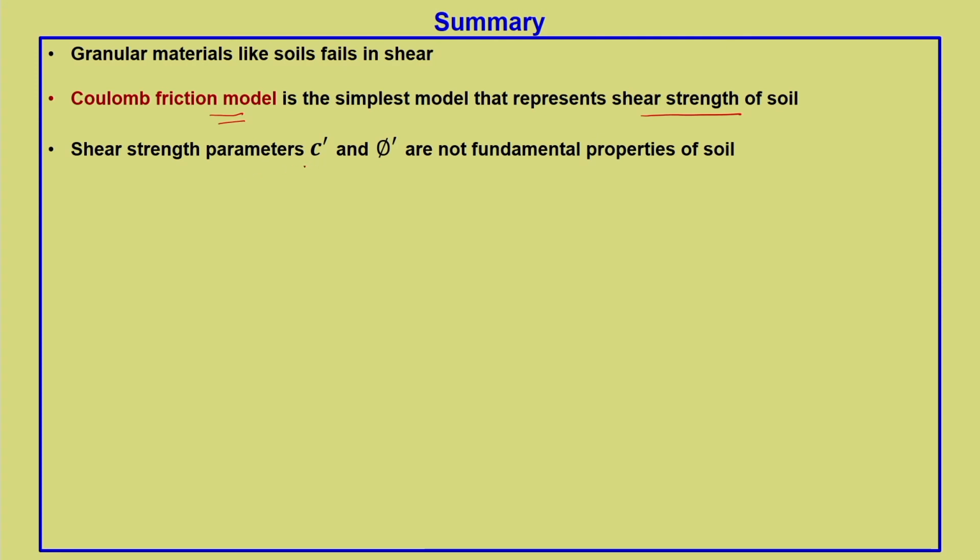Shear strength parameters C dash and phi dash are not fundamental properties of soil. Now, when I say this, there will be some for whom this is difficult to understand. Why is it not a fundamental property? Because it is governed by the condition under which C dash and phi dash have been obtained.